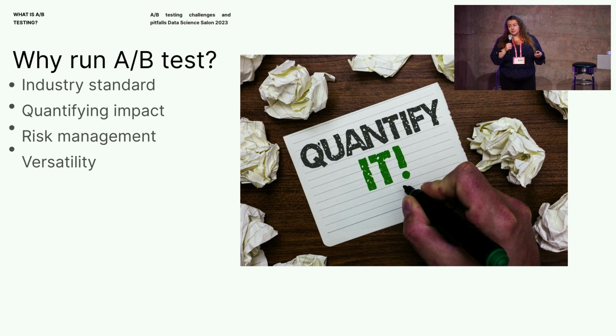So A/B testing isn't always used just for quantifying positive changes or trying to win with a variation. And it's extremely versatile. You can use it on emails, buttons, pages. We can go on for a while. So there are a lot of places where A/B testing is appropriate.